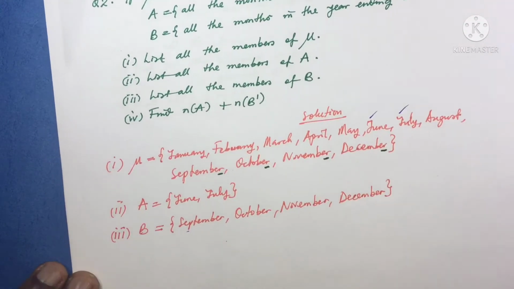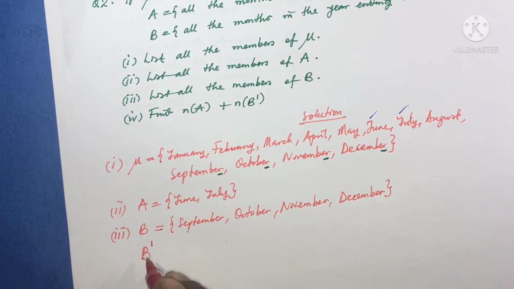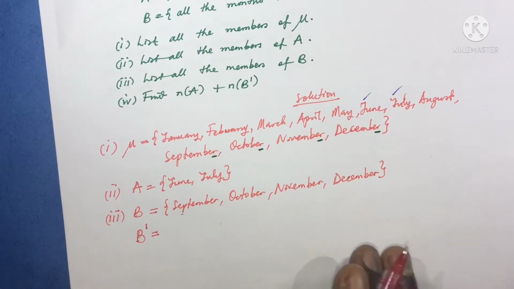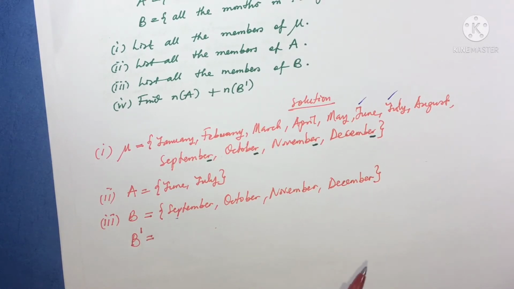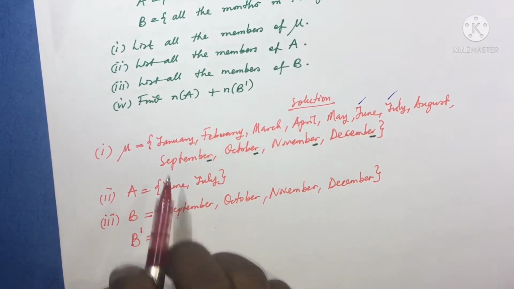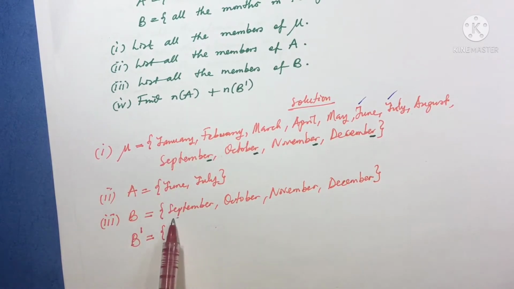Okay, now the next thing we shall do here, even though we were not asked, because of the demand of question number 4, I'm going to form B complement. So what will B complement be? B complement will be the set that contains every element you find in the universal set but not in B. So what elements do you find in the universal set that are not in B?